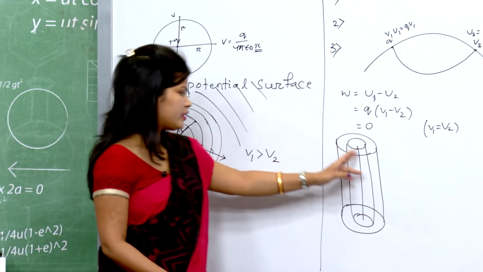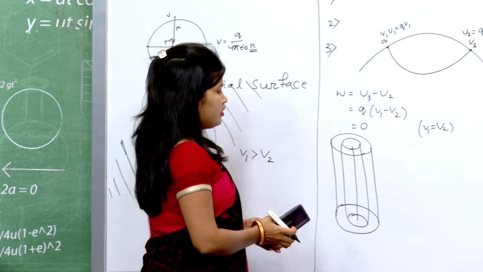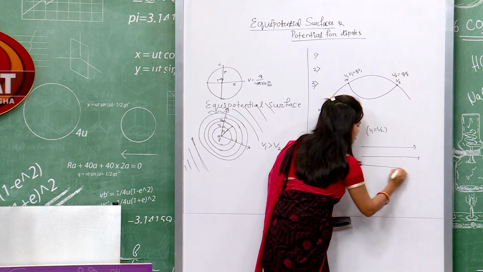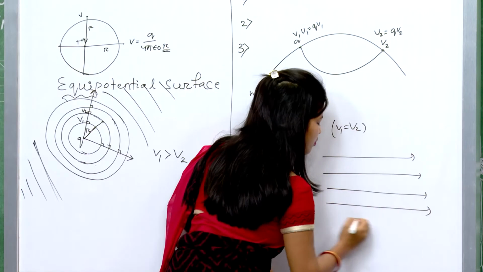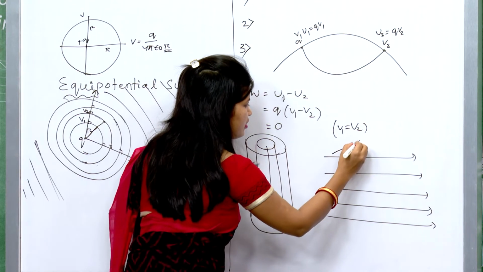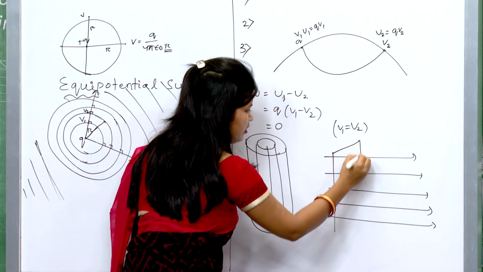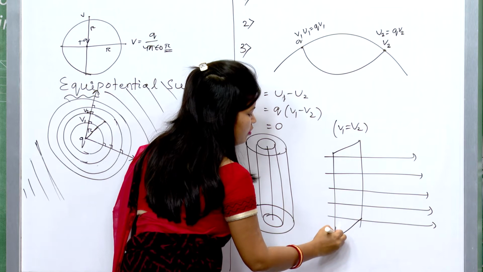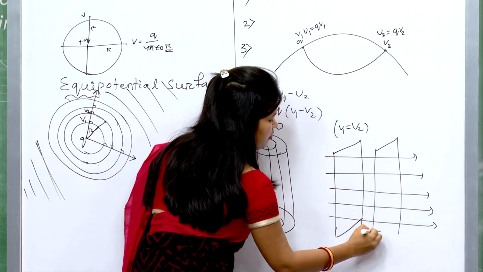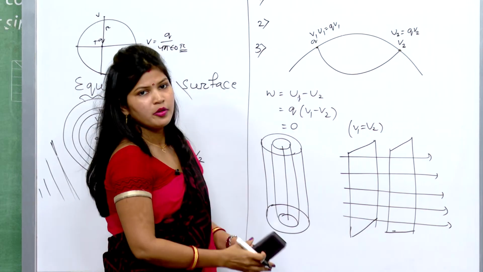Equipotential surfaces are cylindrical surfaces. And suppose you have a plane sheet of charge, it is a uniform electric field, and in this you will find those equipotential surfaces are plane surfaces.